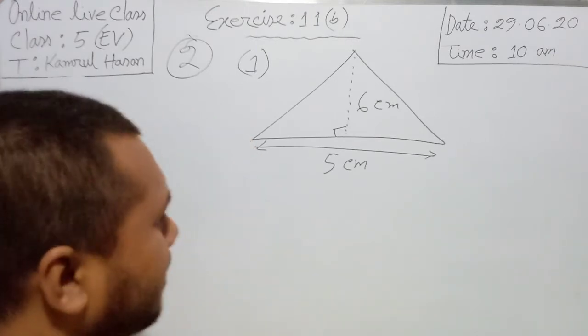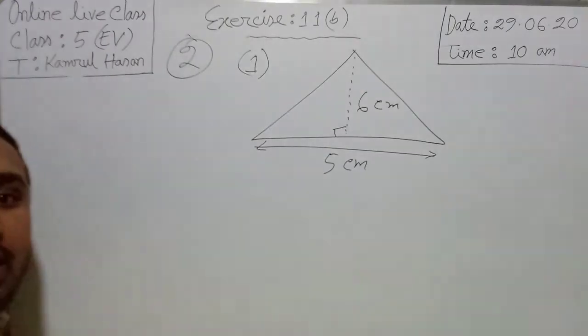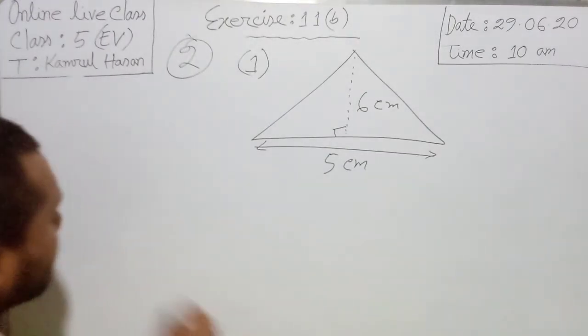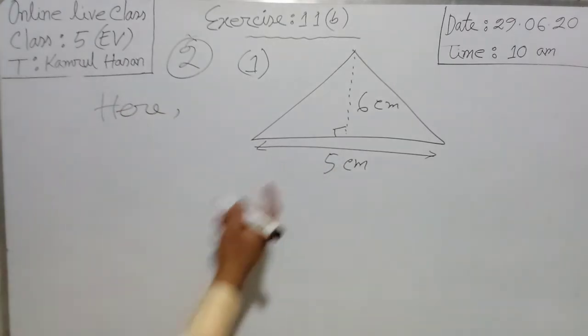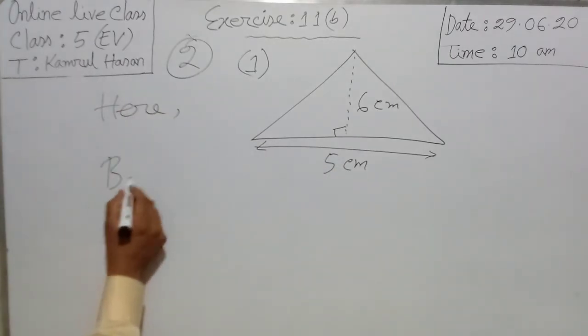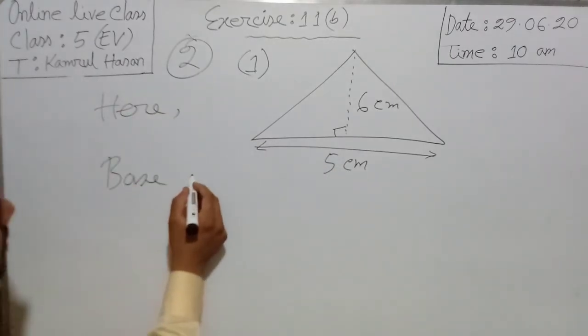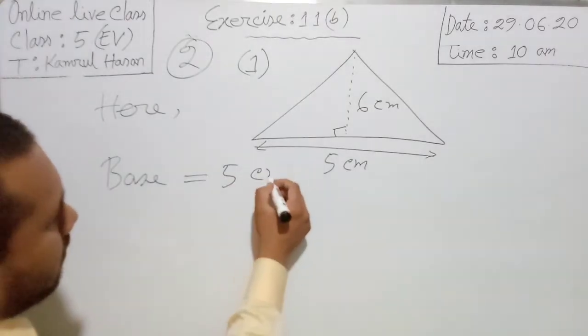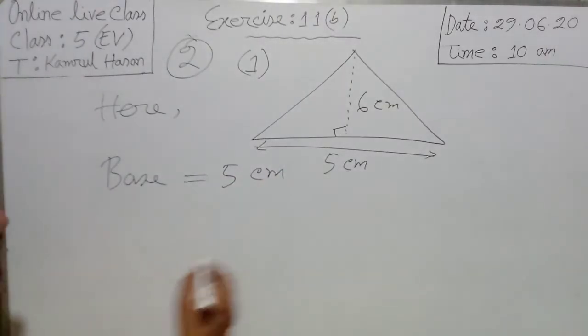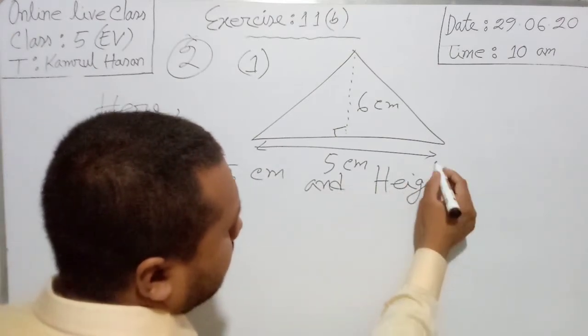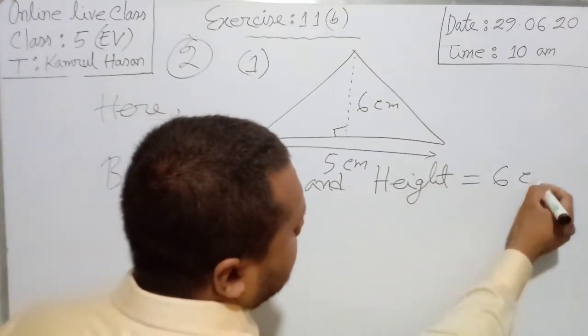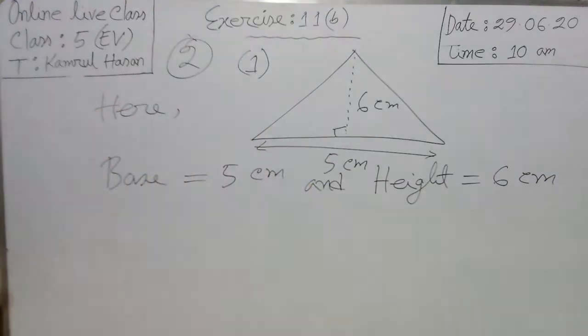So what will be the answer, dear students? How can you write the answer? Clear? At first write here: base equals 5 centimeter and height equals 6 centimeter. This is our given information.